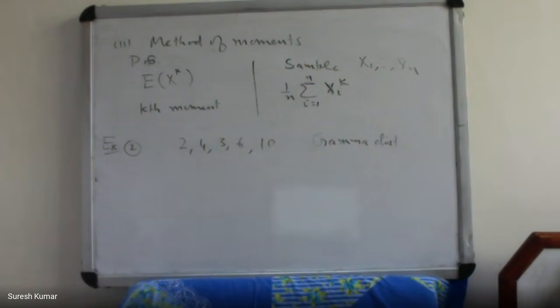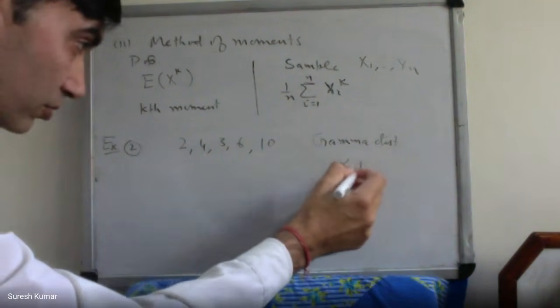Find the estimates of the parameters alpha and beta of the gamma distribution.